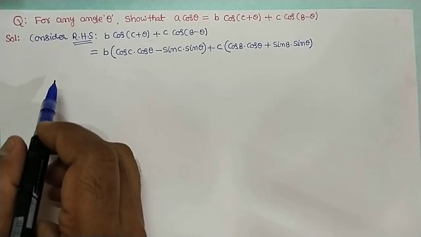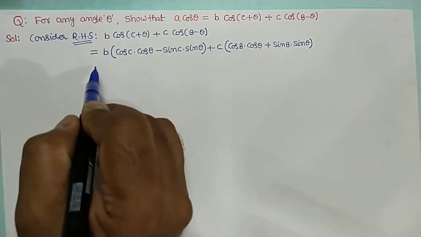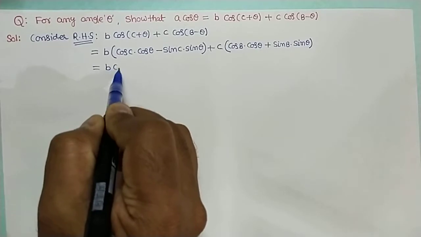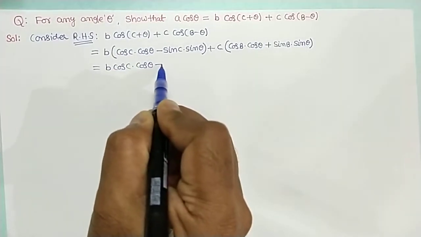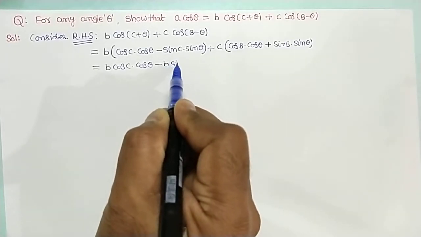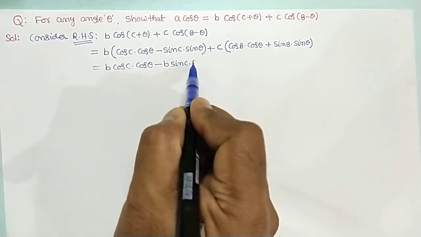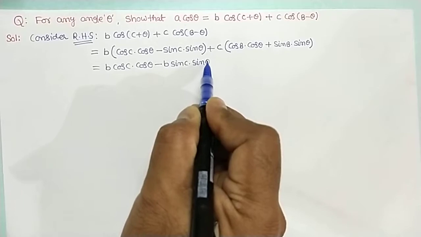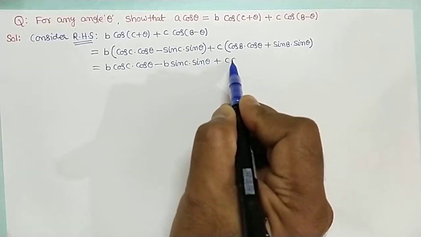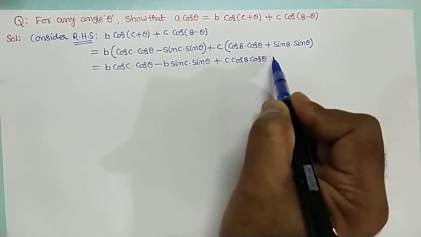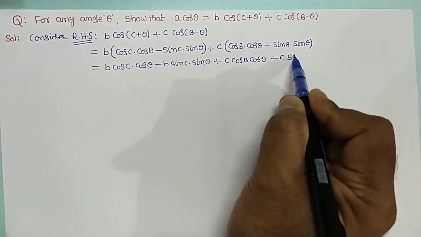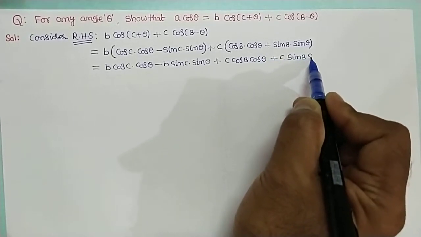So now the actual multiplication you have to do: b into cos C into cos theta minus b into sin C into sin theta plus c into cos B into cos theta plus c into sin B into sin theta.